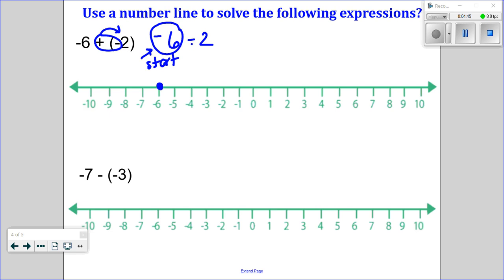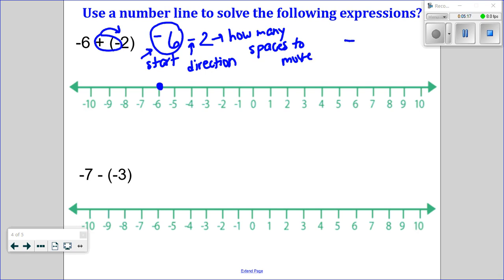The sign tells you which direction to go, and the number after it tells you how many spaces to move. Now going back to what we said earlier, subtracting on a number line or a negative symbol will always move to the left.